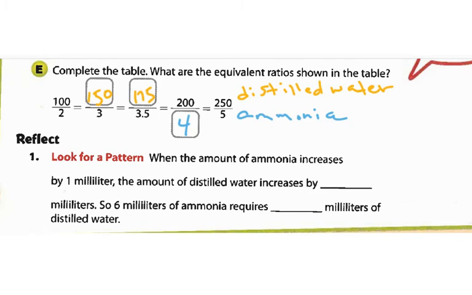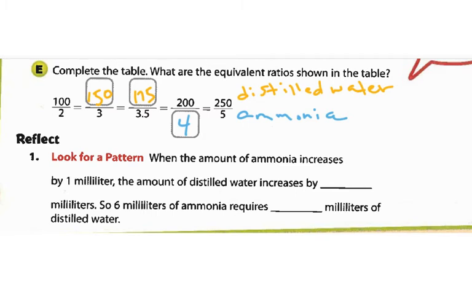So if you look, ammonia I put in light blue for you, and distilled water I put in yellow. So you can look across the denominators and see when I go from 2 to 3, my numerators go from 100 to 150. So that's an increase of 50. And then I'm going to skip over this one of 3.5 because that's only increasing by 1/2. And then if I go from 3 to 4, my numerator goes from 150 to 200.